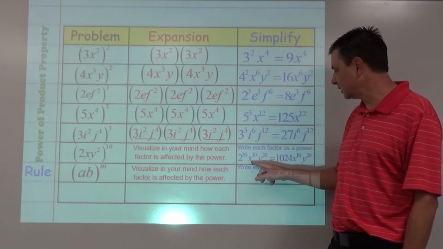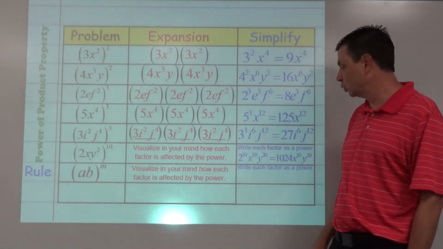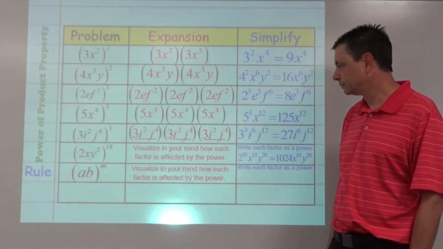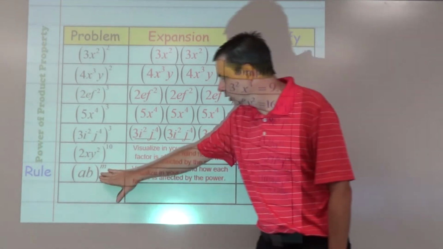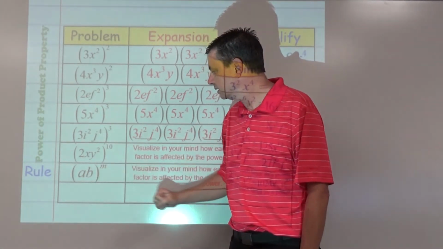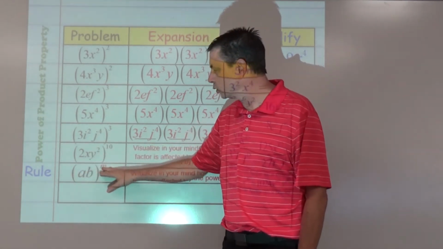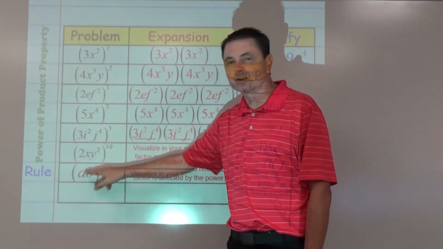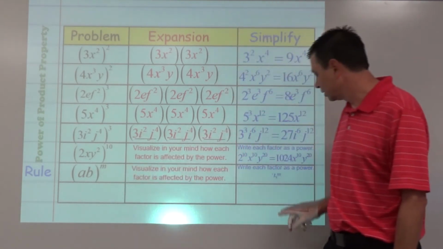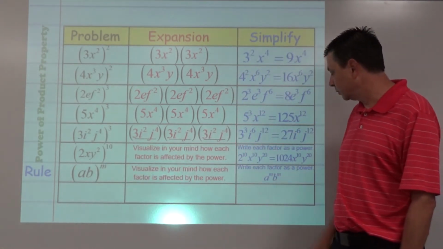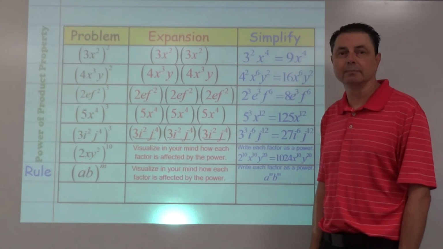So 2 to the 10th, x to the 10th, y to the 20th. And then our rule, ab raised to the power of m, is that when we're raising a product to a power, each factor just gets raised to that power. So it's a to the power of m times b to the power of m.